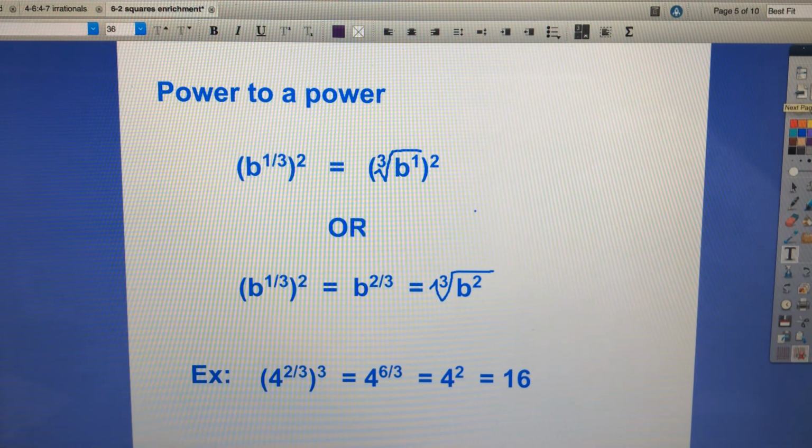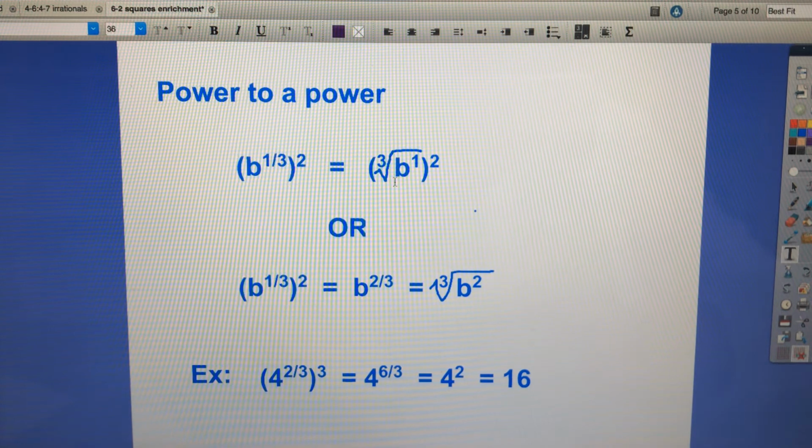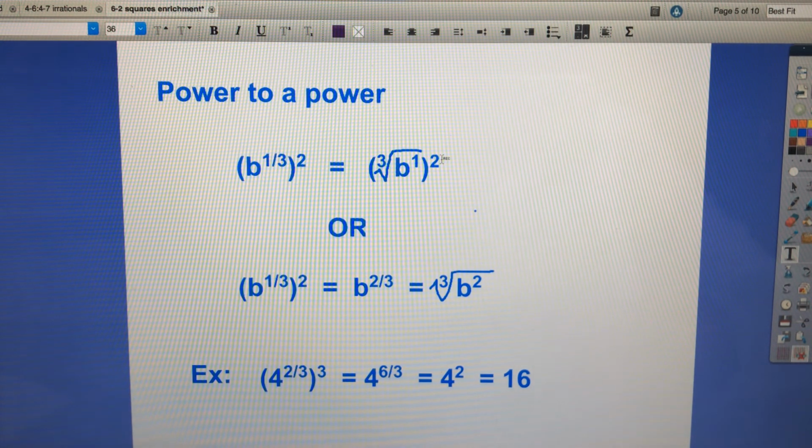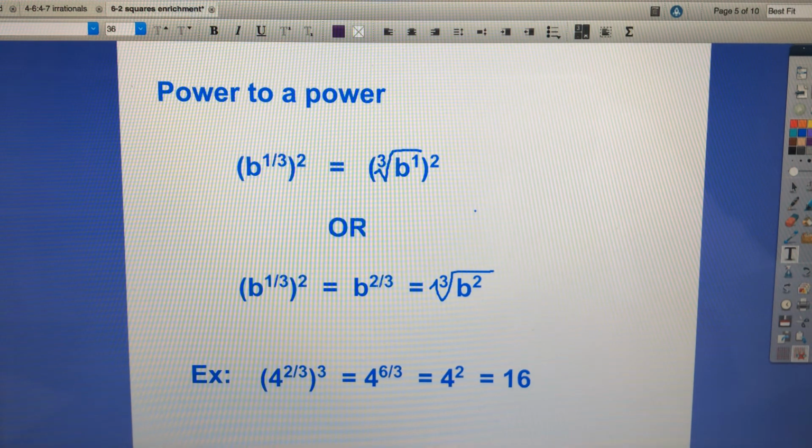Power to a power. This becomes really more interesting and fun. b to the 1/3 power raised to the 2. Well, that is b to the 1 power, cubed root, raised to the 2. Or let's do power to a power. 1/3 times 2 is 2/3. b to the 2/3 is b squared, cubed root.